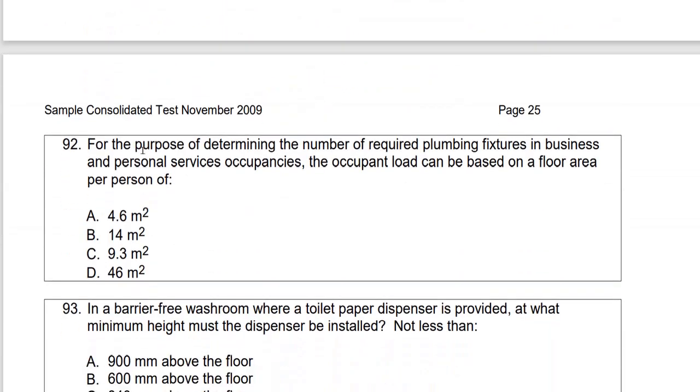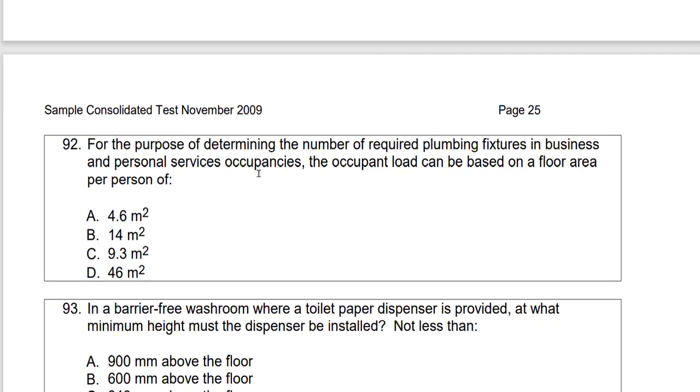For the purpose of determining the number of required plumbing fixtures in business and personal service occupancy, the occupancy load can be based on a floor area per person of... When we look at plumbing fixtures in business and personal service occupancy, the keywords are plumbing, then business and personal service. But they did not give us the occupancy load.